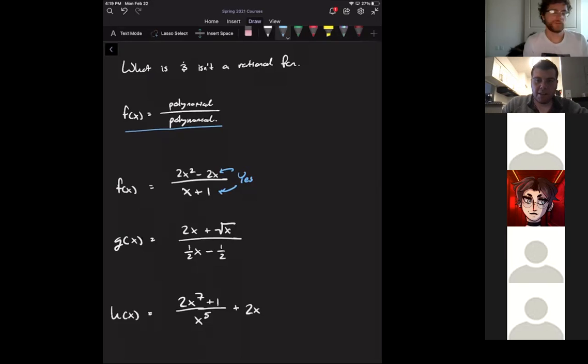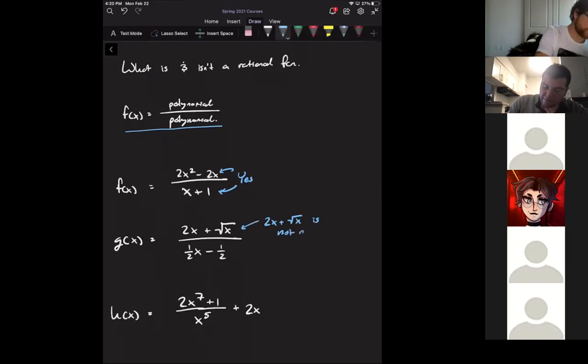Okay, so again, a little bit of disagreement. I think for the essence of time, I'll just give this one away. This one ends up not being a rational function since 2x plus the square root of x is not a polynomial.